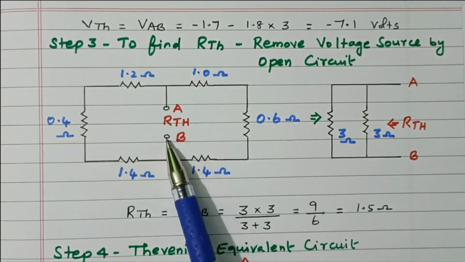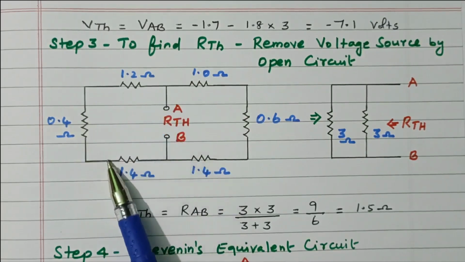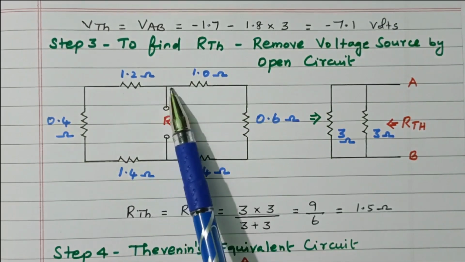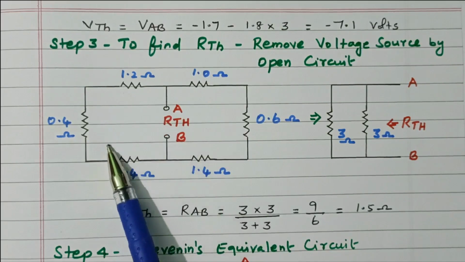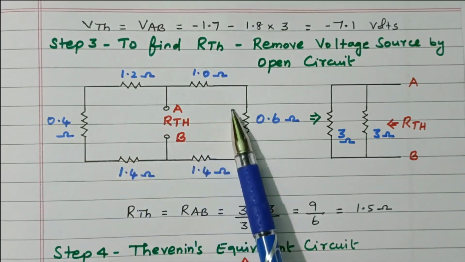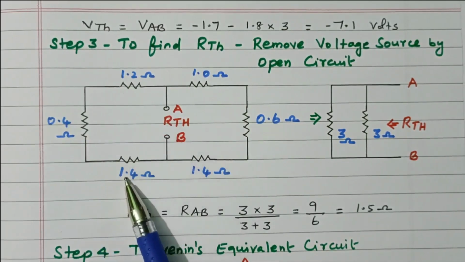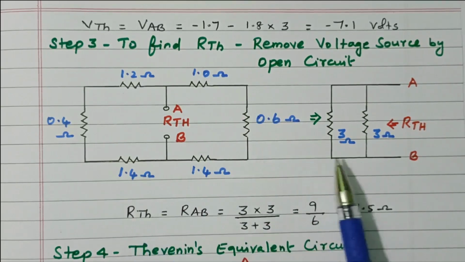So we need to find what is the resistor across AB. This side one circuit is available, this side one circuit is available. So current at this point is divided. It means these two branches are parallel. The same current is flowing through all three resistors. That means these three resistors are connected in series. Then both branches are parallel.